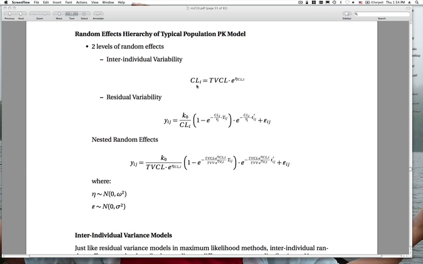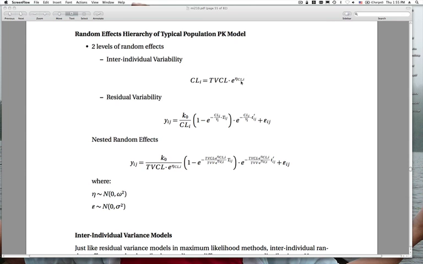First, we describe the variability in the PK parameters. So here we've described the individual clearance as something that's equal to a typical value of clearance. This is the clearance predicted based on population mean parameters or typical value parameters, potentially covariate effects. But it's the same prediction for all individuals in the population, except for maybe some individualization based on individual specific covariate factors.